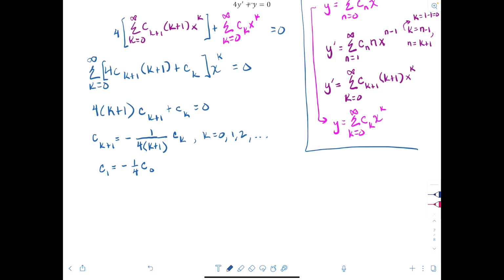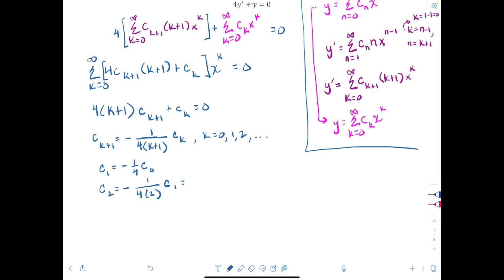All right. Now, if k is 1, we'll have c sub 1 plus 1. So we'll have c2 is equal to negative, I'm working on the original, 1 over 4 times 1 plus 1 is 2. Good so far? Times c sub 1. But what is c sub 1?